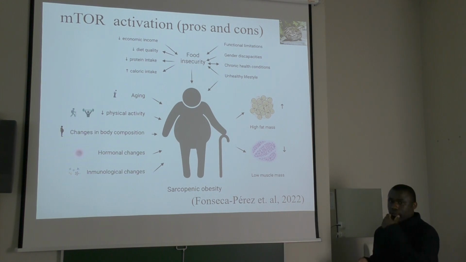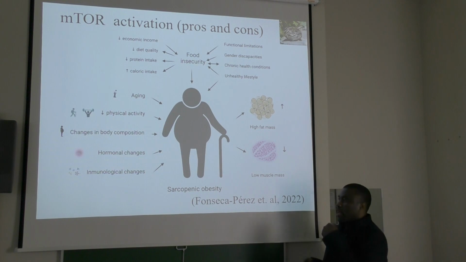In old life, we could say that not all mTOR activation is bad. It depends on how old you are, the stage of life that you are in. For the elderly, you need activation of the mTOR. Why?